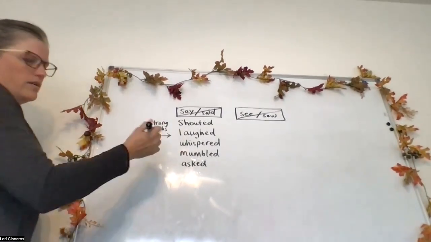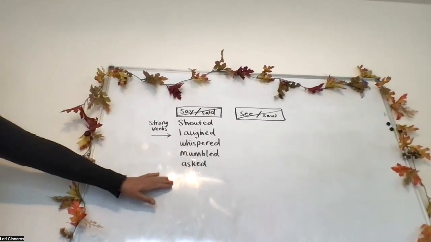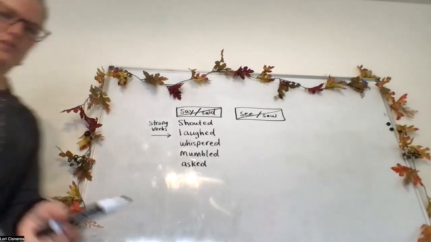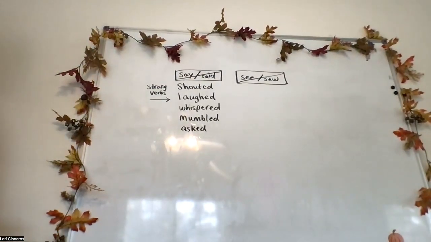Outside in the margin, because these are good examples of strong verbs that you can use in place of weak verbs. What is another one you have on yours, Juliana, under say/said?